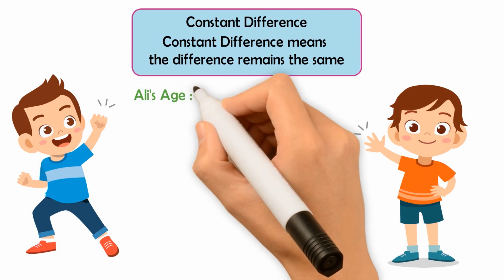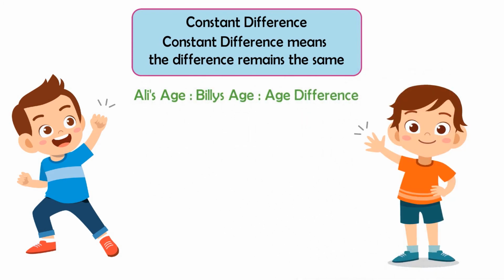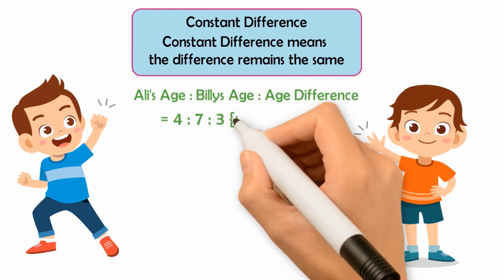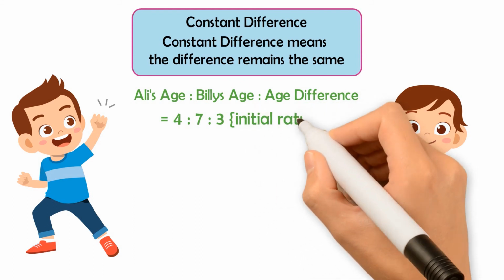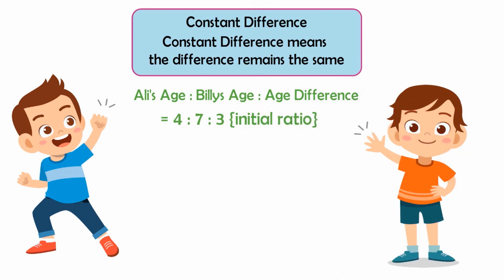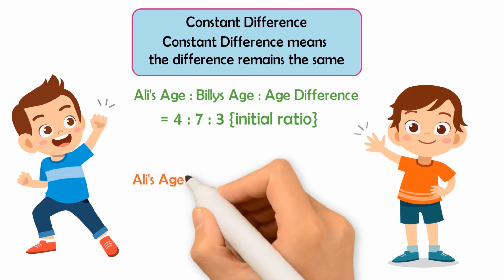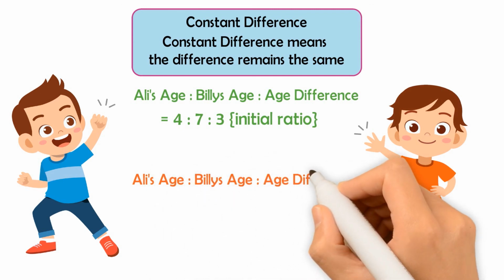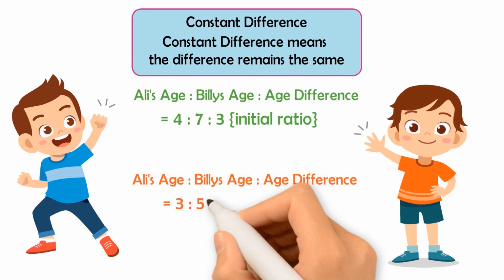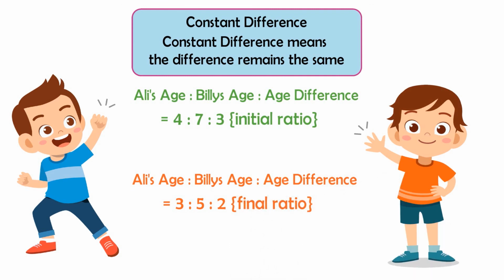Before. Ollie's age to Billy's age to age difference equals 4 to 7 to 3. Initial ratio. After 3 years, Ollie's age to Billy's age to age difference equals 3 to 5 to 2. Final ratio. Let's make the ratio equal, following the same steps as previous examples.